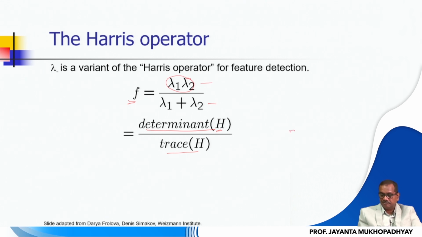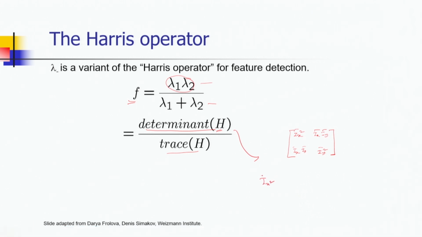the trace of H as the sum of the diagonal elements. So if I have these quantities Ix square, Iy square, and the product Ix Iy here also, the determinant could be written as the product of the diagonal terms minus the square of Ix Iy.